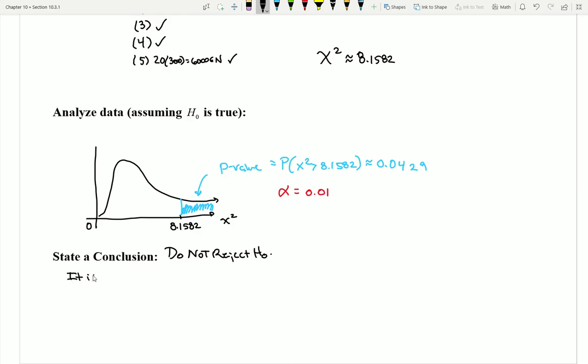So I'll say it is not rare to get a chi-squared value of 8.1582 by chance if the variables are independent.